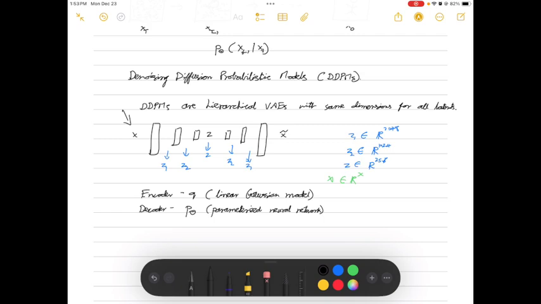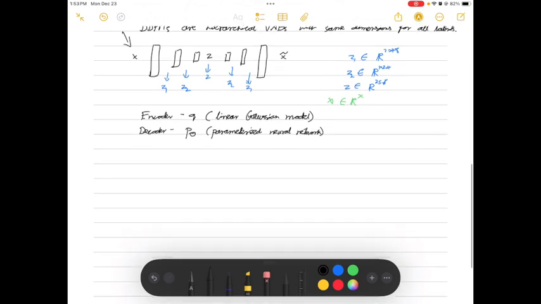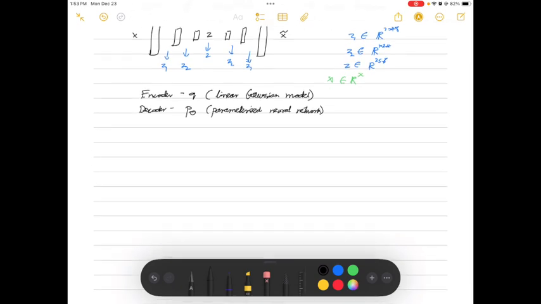But to get some more intuition, let's say you want to run DDPMs on a 1D problem, then how will this look?